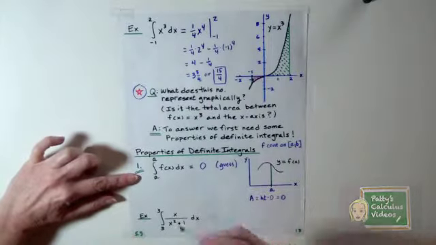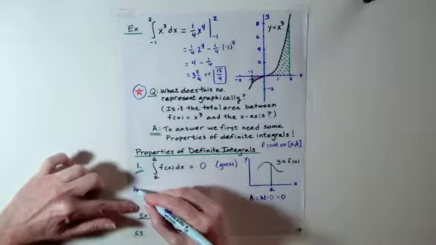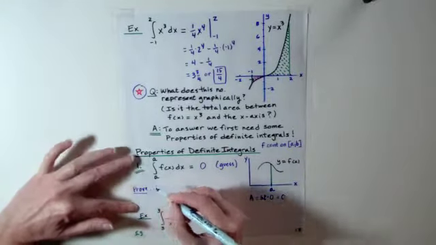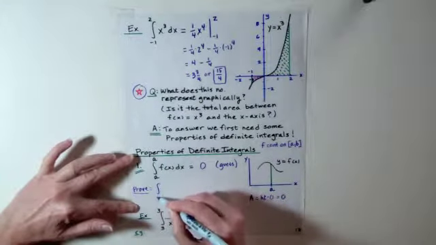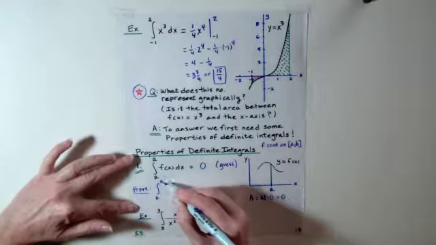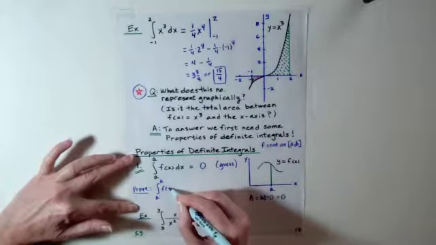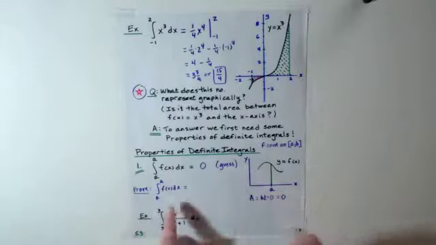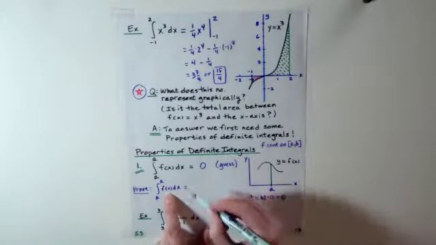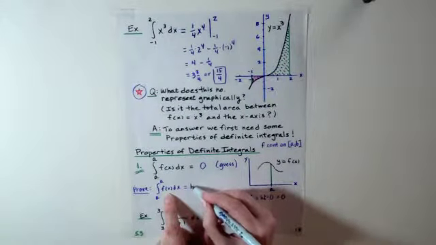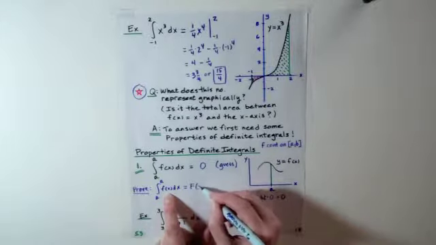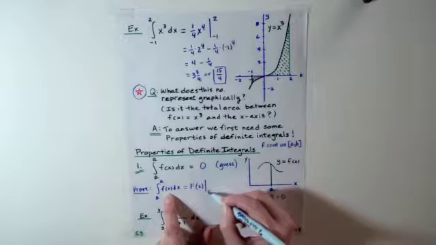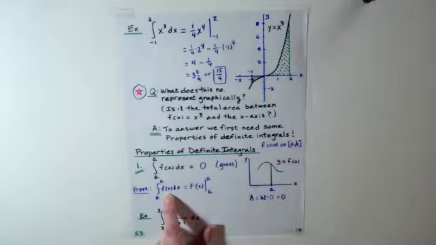And that does turn out to be true. Let's prove that by just using our definition of our definite integral. When we integrate from a to a, the function f of x dx, well, we just said that the definition of the definite integral, you find an antiderivative. So I find a capital F of x, that's an antiderivative of little f, and I just evaluate that from a to a.